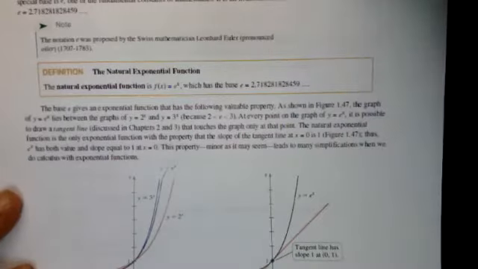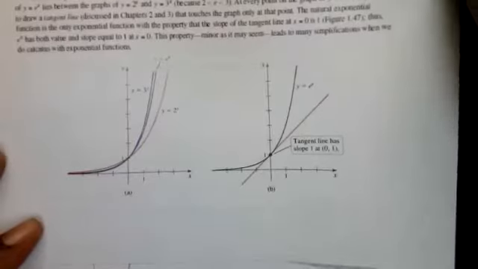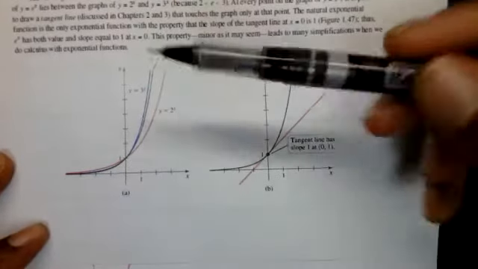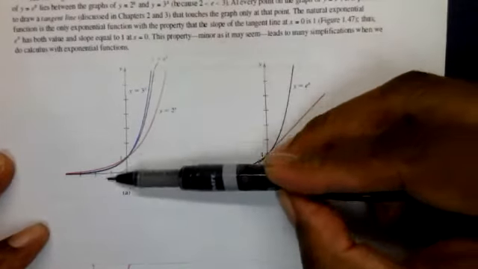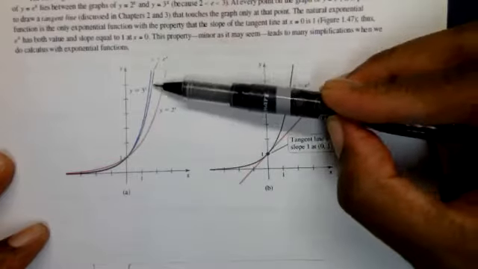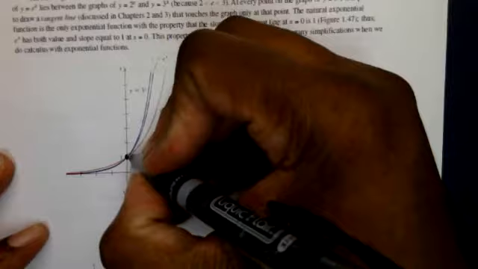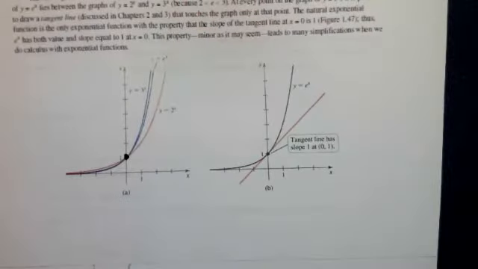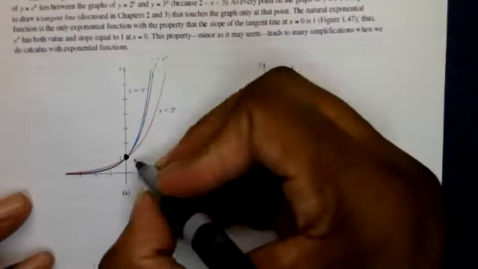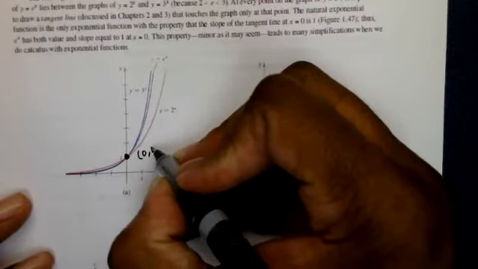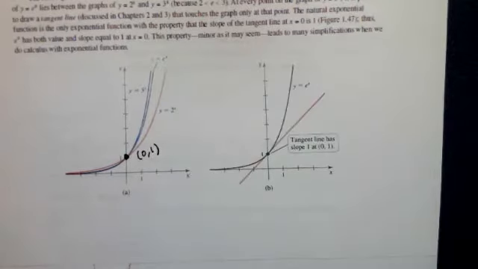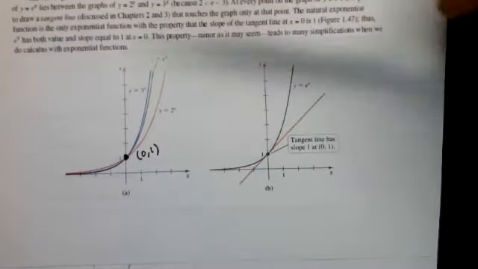Okay. Now, what you're going to see here is the graph of what y equals e to the x looks like. And notice here that that graph crosses the y-axis at 1. So my y-intercept is, again, (0, 1).